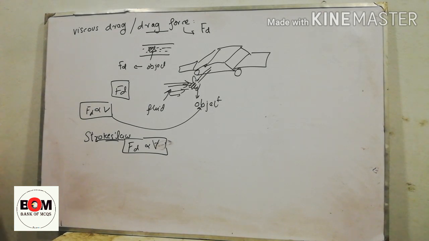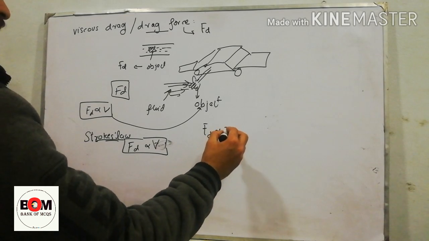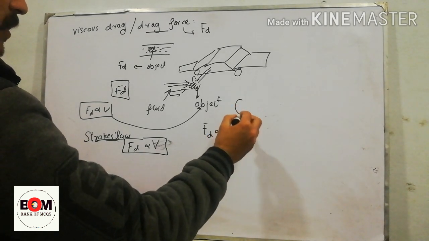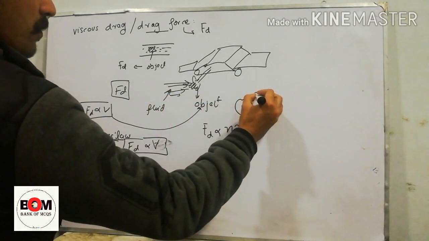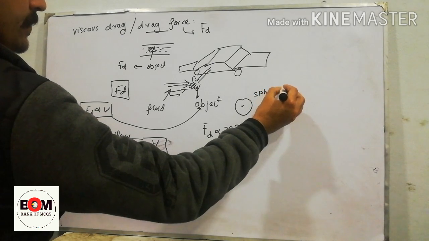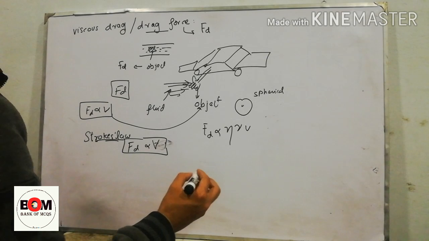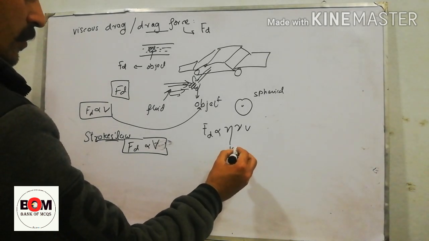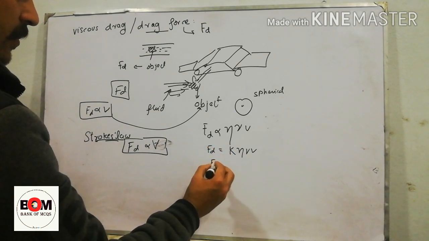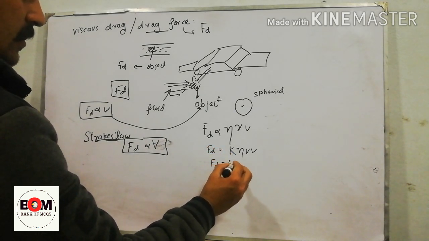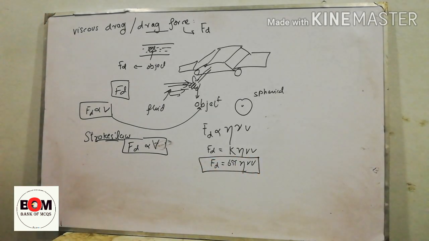Stokes law tells us that Fd is directly proportional to the coefficient of viscosity, the radius of a spherical object, remember spherical, and the velocity of the spherical object. By putting the constant k, Fd is equal to k eta rv, where k is equal to 6 pi. So the equation becomes Fd is equal to 6 pi eta rv.